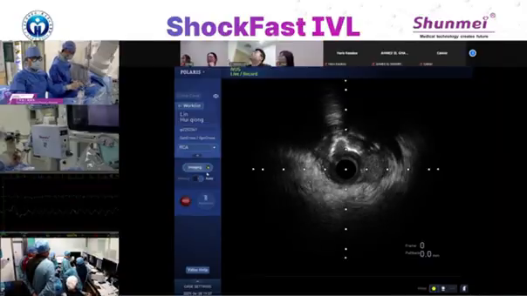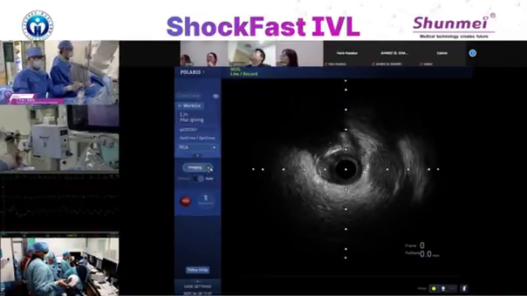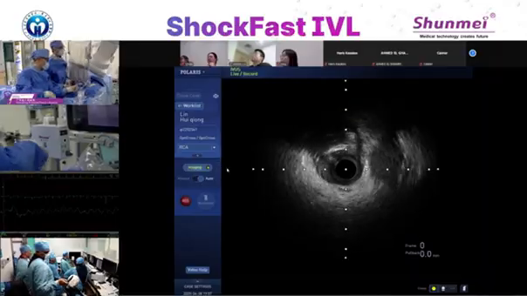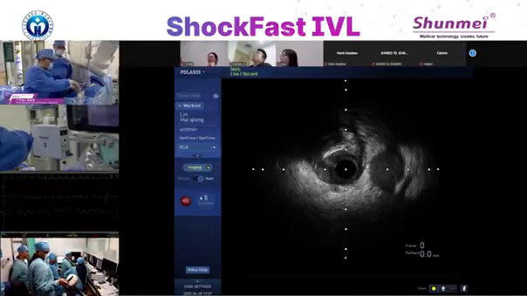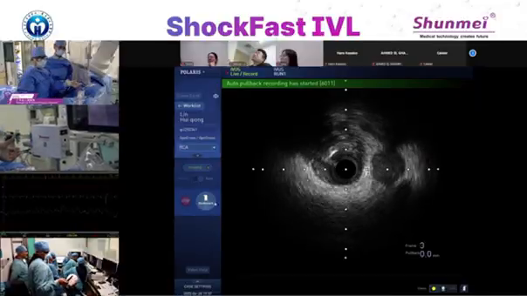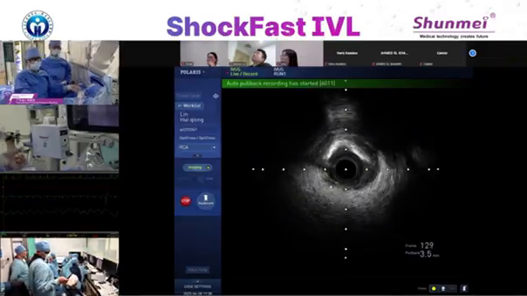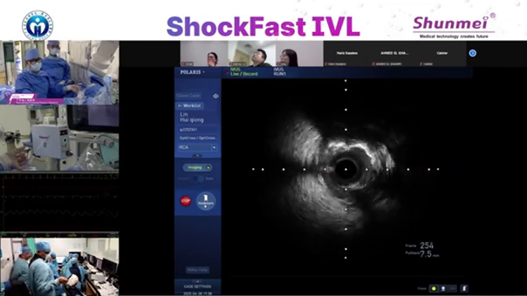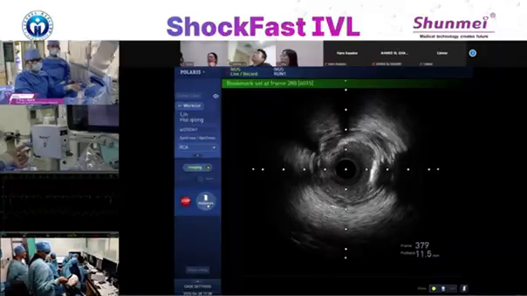Okay. I'm a little bit pulling back the extension catheter. Hopefully we can record all the vessel. Okay, pull back please. Save it. Okay, at the very distal, there's eccentric calcium. I don't think we touch this.